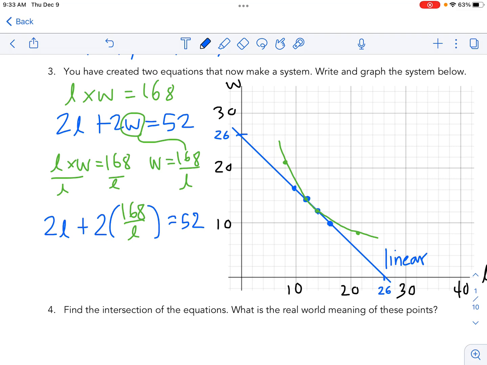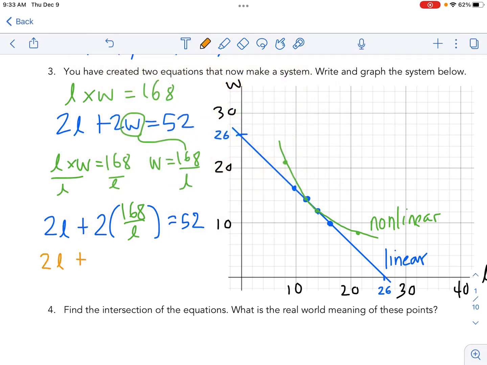This one's linear, and this one is not linear. It's nonlinear. It's a curve, right? When we have one curving and the other one potentially not curving, we have multiple points of intersection that are possible.